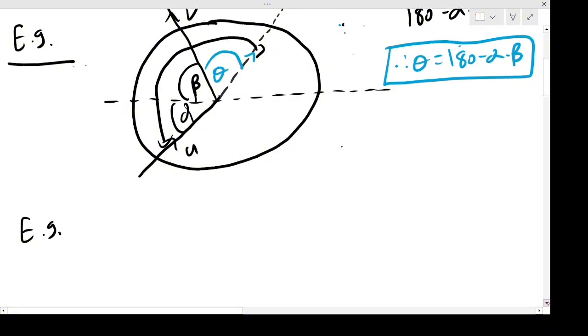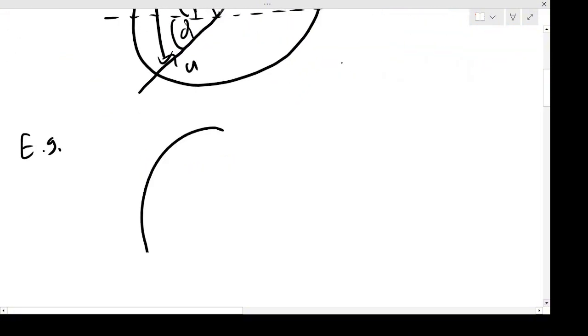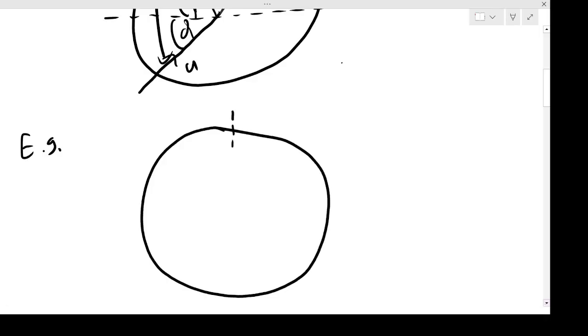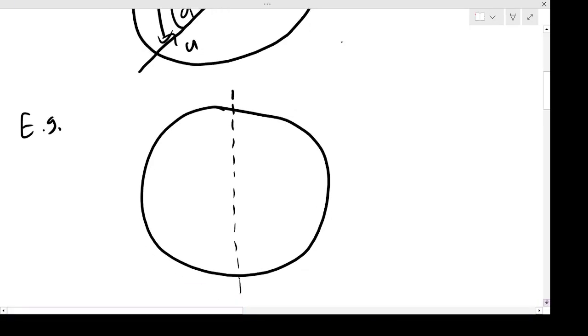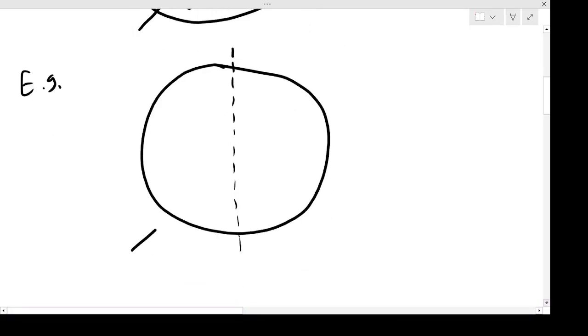Let me consider this scenario here, okay? So now let's suppose the line of centers is vertical like this. And so let's suppose originally we move like this and at an angle alpha here to the line of centers, then it rebounds like that.